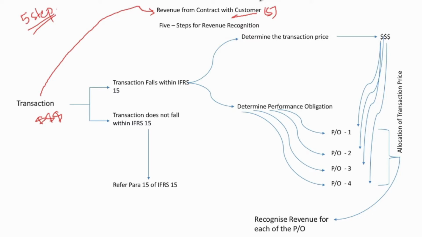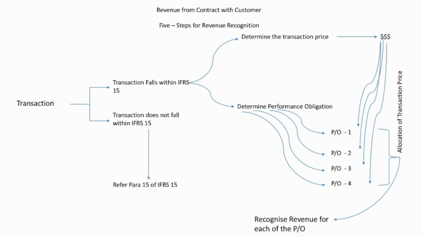A very detailed explanation of commercial substance is there in the standard, so we will go through commercial substance separately. And it is probable that the entity will collect the consideration to which it is entitled in exchange for the goods and services that will be transferred to the customer. So these are the five criteria. If all the five criteria are satisfied, then we can say that it's a contract with the customer. So the first step is to identify the contract with the customer.